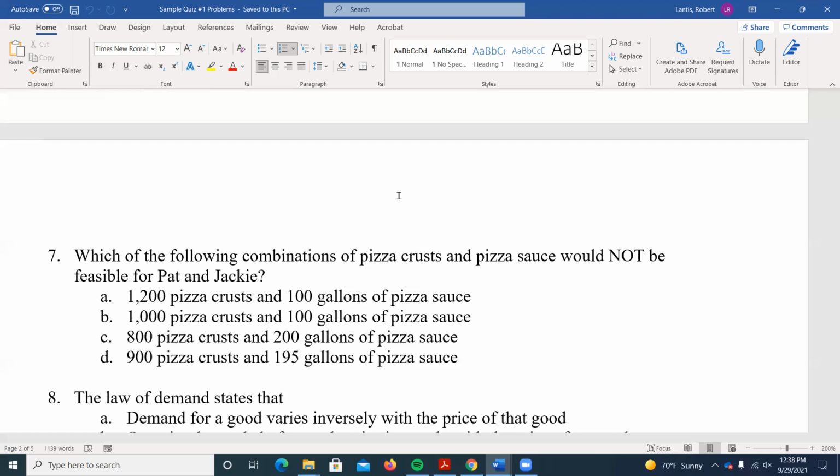I might tell you, what if I was producing 200 units of sauce and 1,000 pizza crusts? Well, knowing that this point is 200, 800, if you plot that point, it's going to be somewhere out here. That's an infeasible point. Or maybe I would say something like 800 and 100, right? So if you plot that point, you can see, oh, that's inefficient.